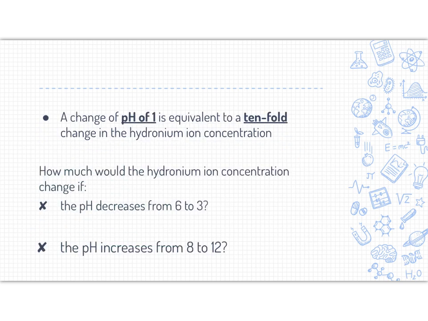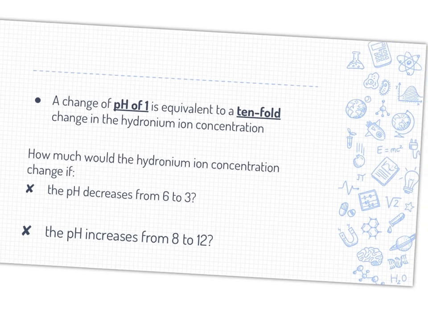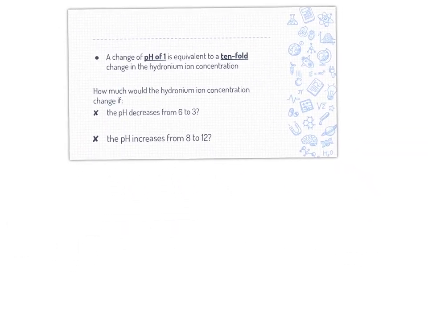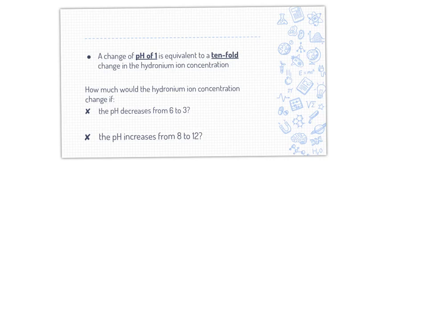A change in pH of 1 is equivalent to a 10-fold change in the hydronium ion concentration. So how much would the hydronium ion concentration change if the pH decreases from 6 to 3? I could say that the hydronium ion concentration at the pH of 6 is 1 times 10 to the negative 6 moles per liter.